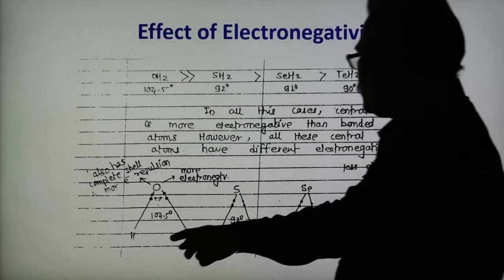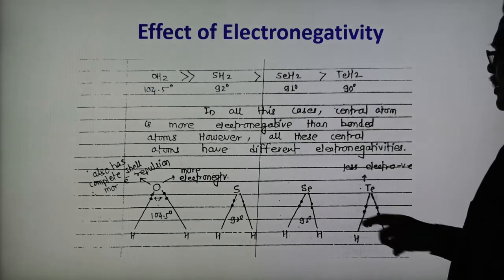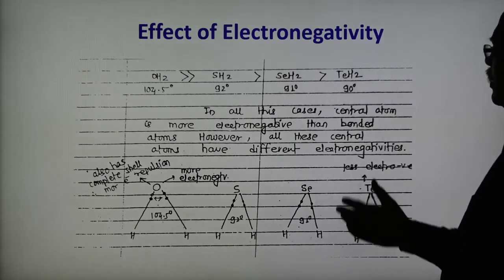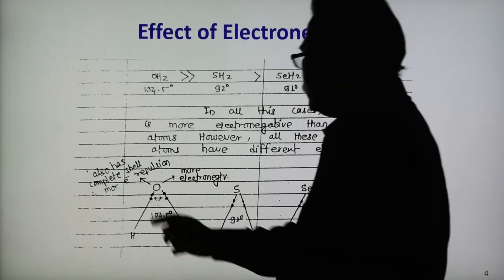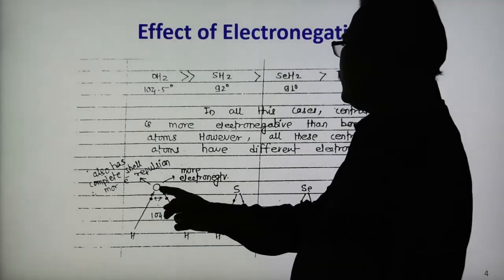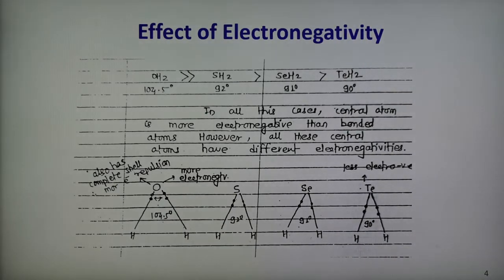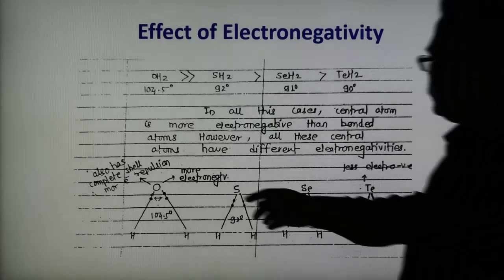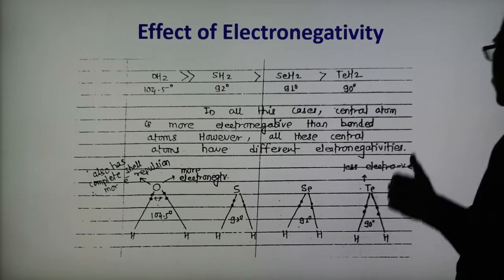The geometry shown for OH2 and SH2 is an inverted V shape, or angular shape. Here the more electronegative element also has a complete shell, and therefore there is more repulsion and a larger bond angle. Here there is less repulsion and a smaller bond angle.